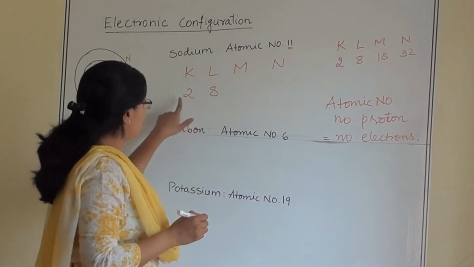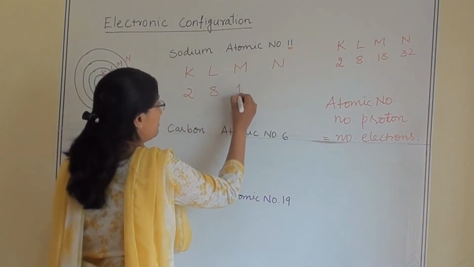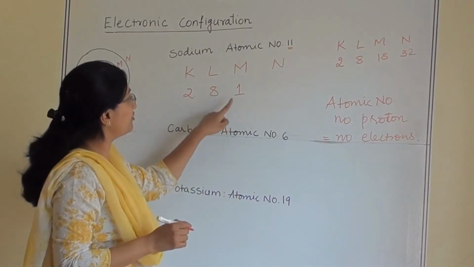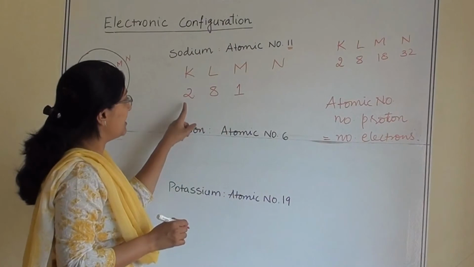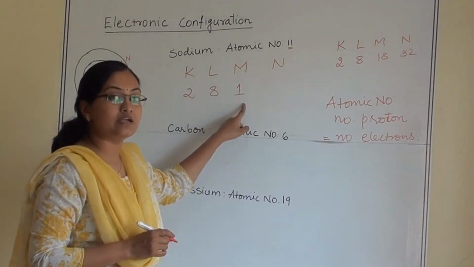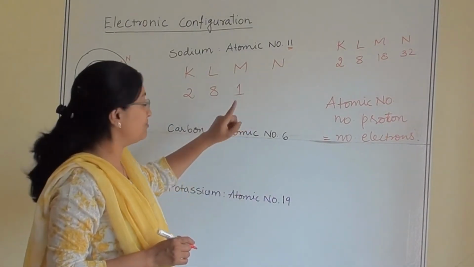So here 2, then 8. Now 1 electron is left, and I am keeping it in M. So this is the electronic configuration for sodium, according to their maximum capacity, and we cannot keep more than 8 electrons in any of the orbits.